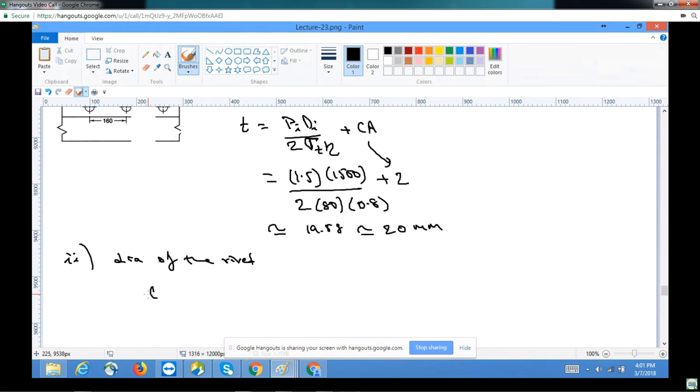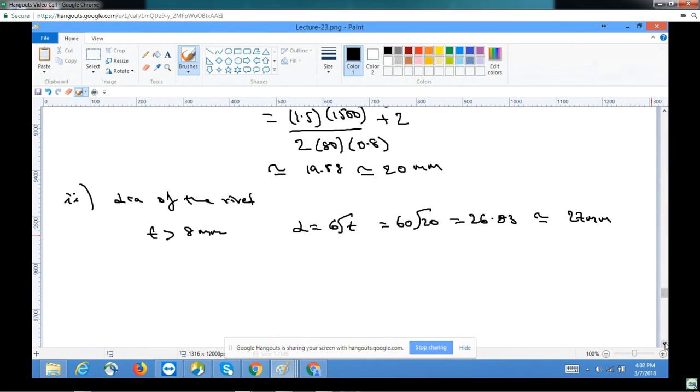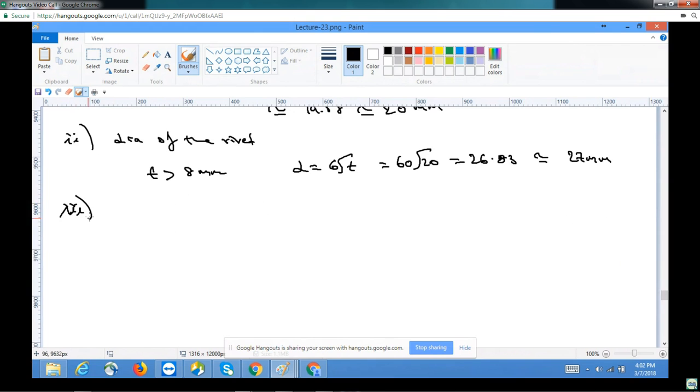Since T is greater than 8 mm, because we got 20 mm, based on that we decide d is equal to 6 root t, that is equal to 6 root 20, that is equal to 26.83, which will approximate to 27 mm diameter of the rivet to be used. Next is the pitch of rivets.